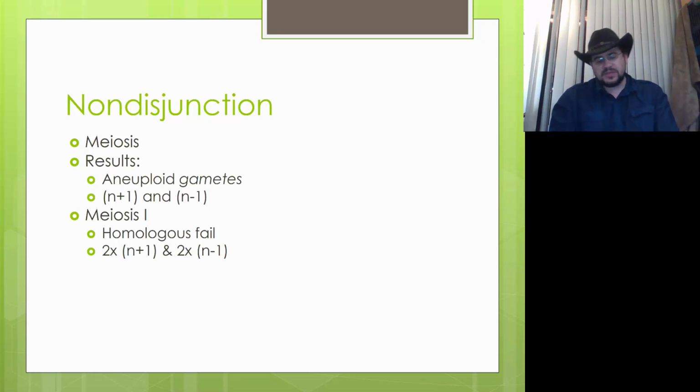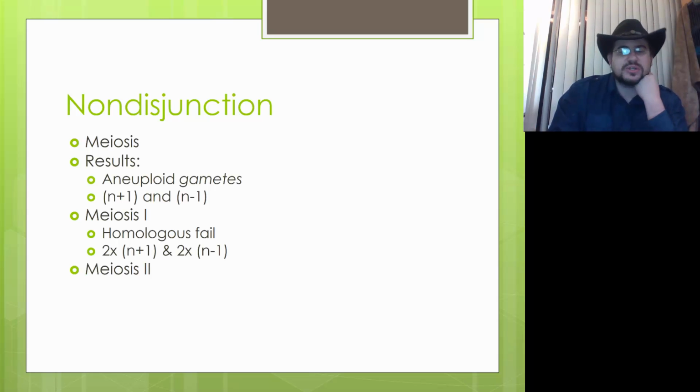Once you have the homologous pair moving to one end, you have one end with two chromosomes and one end with no chromosomes. So when that separates into two cells at the end of meiosis I, you have one that's N-1 and one that's N+1, and at the end of meiosis II, you'll get two of them that are N-1 and two of them that are N+1.